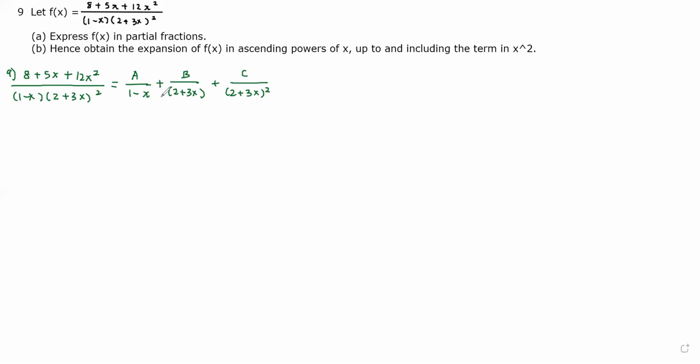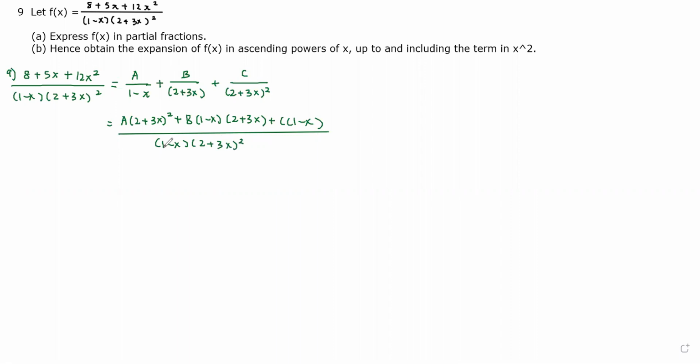Now we make a common denominator on the right, so that A is multiplied by (2 plus 3x) squared, B is multiplied by (1 minus x)(2 plus 3x), and C is multiplied by (1 minus x), all over the common denominator, which is (1 minus x)(2 plus 3x) squared.